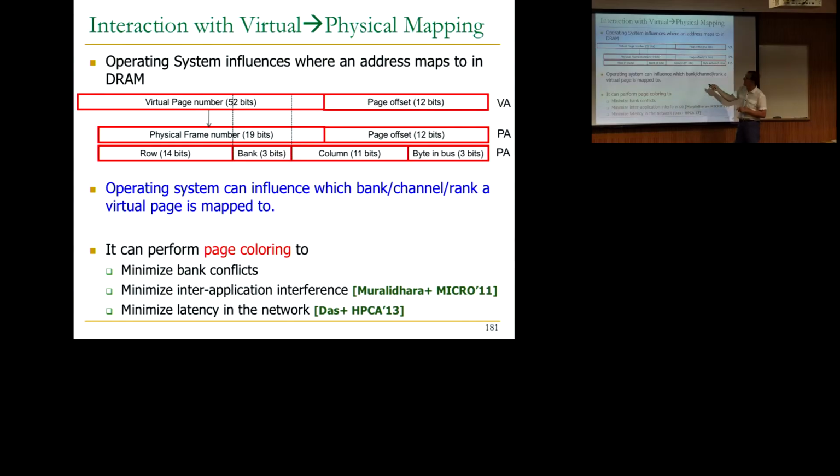Whenever you're allocating a page, you choose a physical frame number of a particular color, color meaning it belongs to a particular bank or channel or rank, such that you achieve some goal. The goal may be minimizing bank conflicts, minimizing channel conflicts, minimizing rank conflicts, maximizing parallelism, minimizing inter-application interference, which we may talk about, or minimizing latency in the network. This coloring is really important, actually, assuming you can do it.